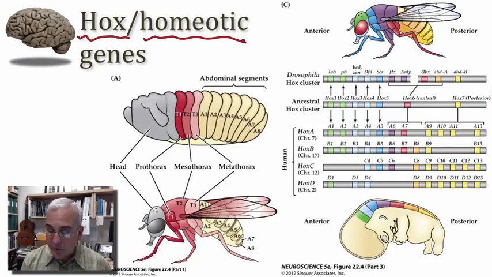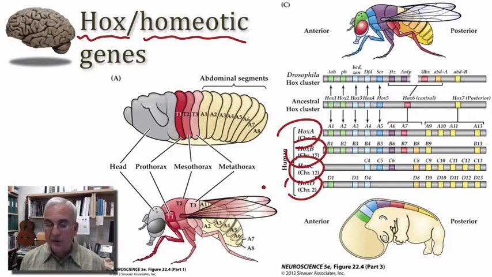So in the human genome, we now know that there are 4 clusters of these Hox genes, or these homeotic genes. Sometimes we call them homeobox genes. And these clusters are responsible, we think, for beginning to establish some regional identity in the developing nervous system.